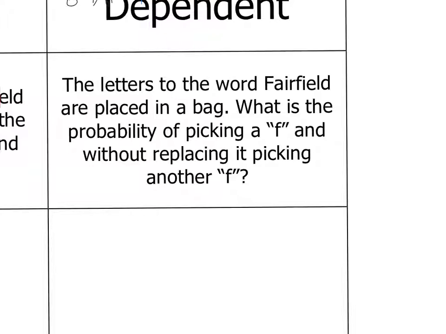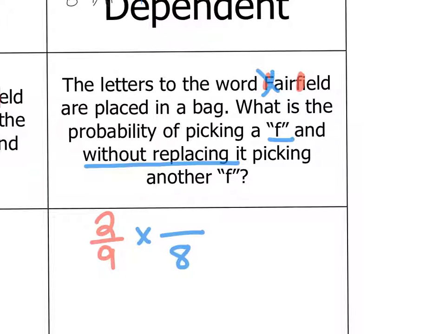So we have 2 F's out of 9 total letters. But then I don't replace one of the F's. So I keep it, which means to you that my total number of outcomes is reduced to 8, and the total number of F's in the bag is reduced to 1.